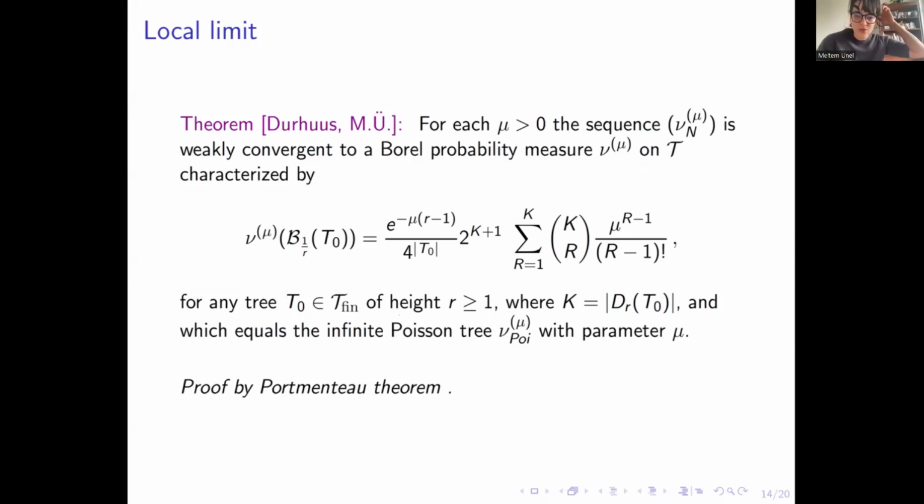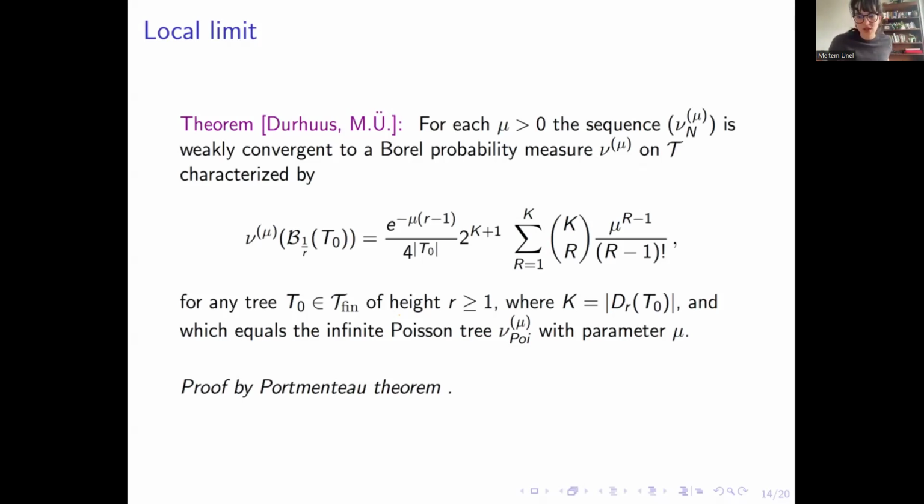So if we know how to compute the volume of any ball in this space, we actually know everything about the measure. We can characterize this limiting measure. It is also encountered in another paper by Abraham, Delmas and Bouaziz, and they call this limiting measure the Poisson tree. They construct it in a different way.